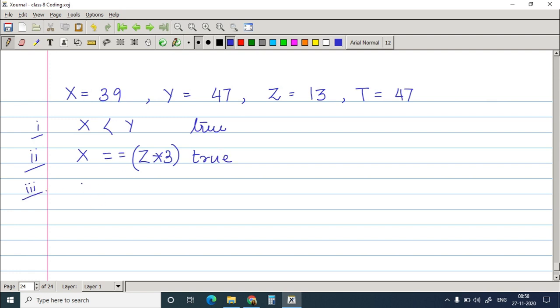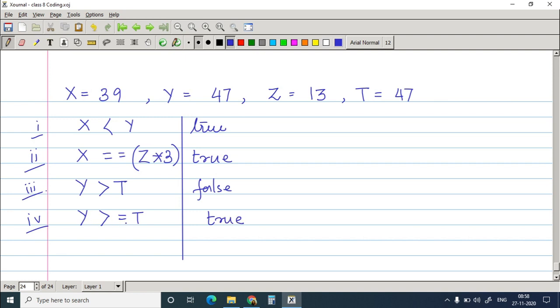Now Y greater than T. Will it be true or false? It will be false, right? Because the value of Y is the same as that of T. So this will yield you false. But if I have Y greater than or equal to T, then this will give you a true. Why?